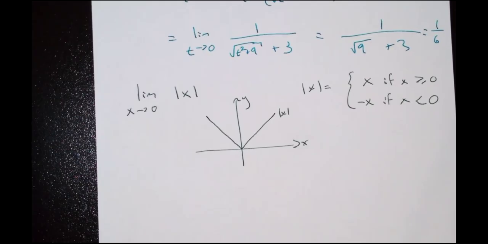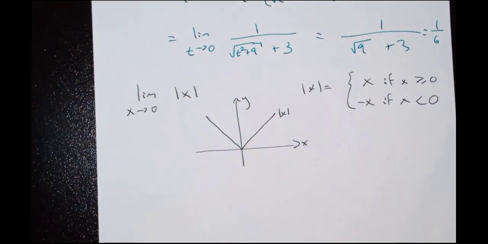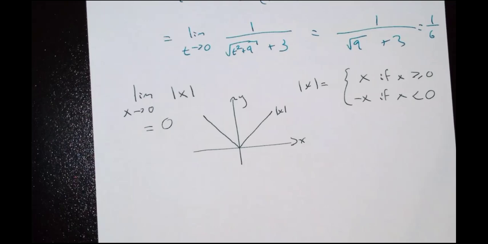I get 0. No matter which side I'm coming in from, I'm getting closer and closer to 0. Beautiful, wonderful, marvelous. Now I'm going to use this to mess with me.